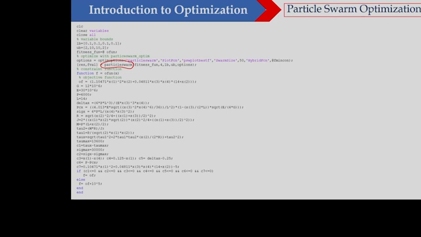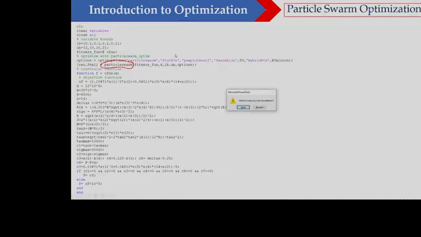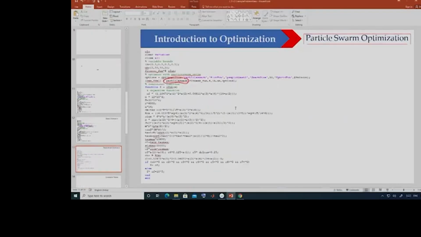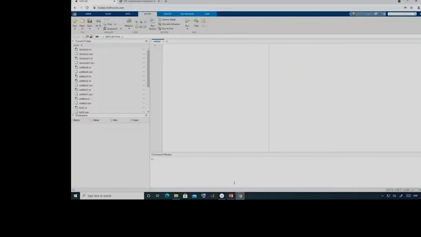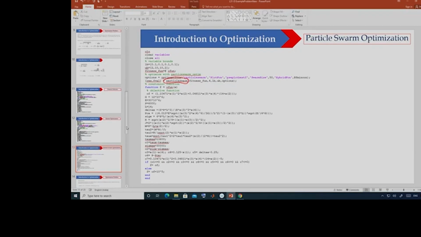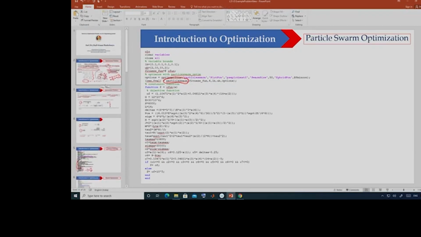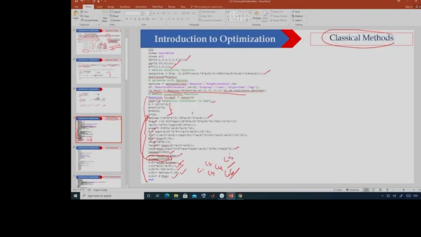So, let us solve this problem, or let us run this M file in MATLAB. So, let us go to MATLAB. This is MATLAB, and let me solve the first M file, which is your fmincon classical method.